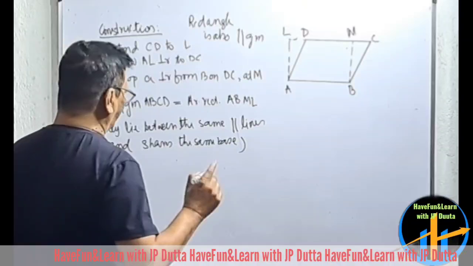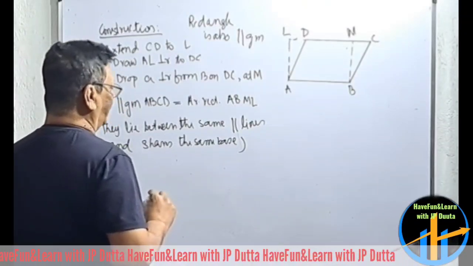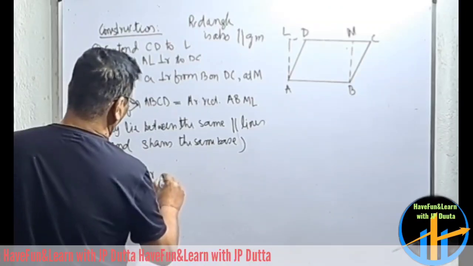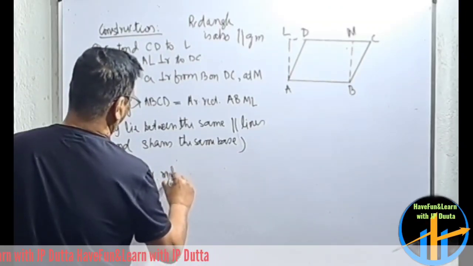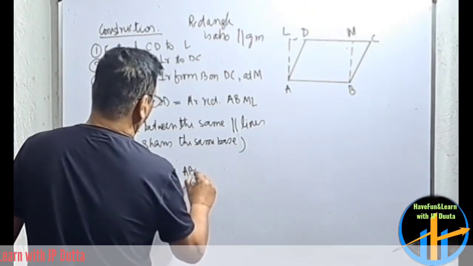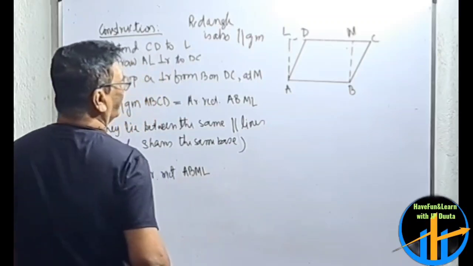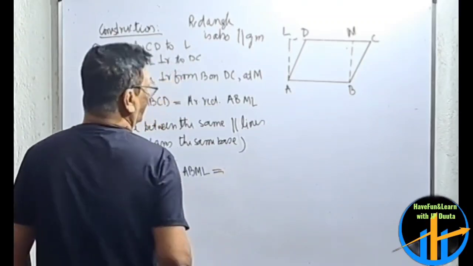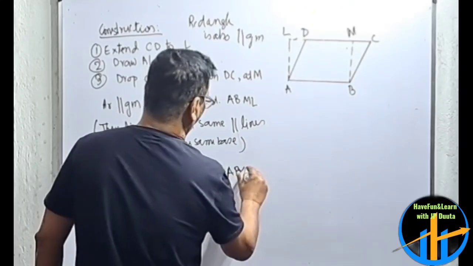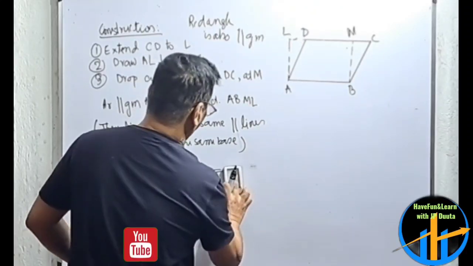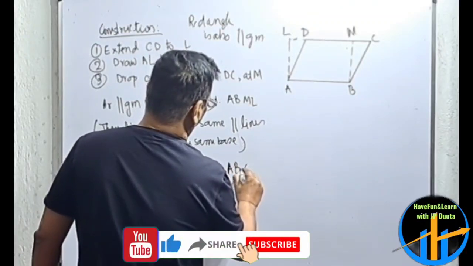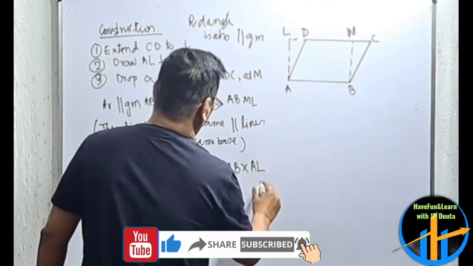Correct. Now if you agree to that, then area of rectangle ABML is equal to AB into AL, right?